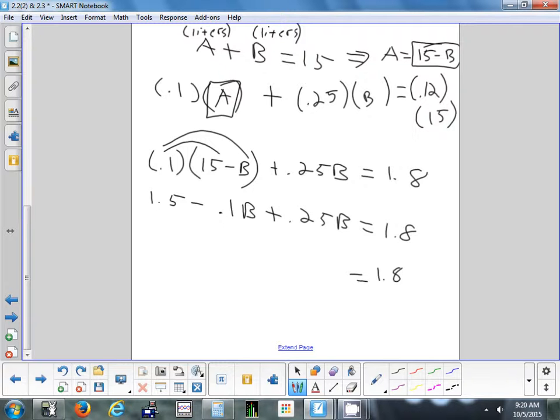Yeah, combine those like terms. So you get negative 0.1 plus 0.25. What's that going to give me? 0.15b, yeah.